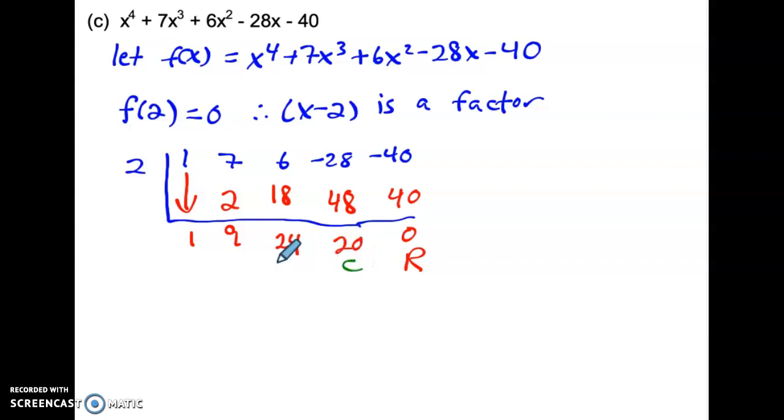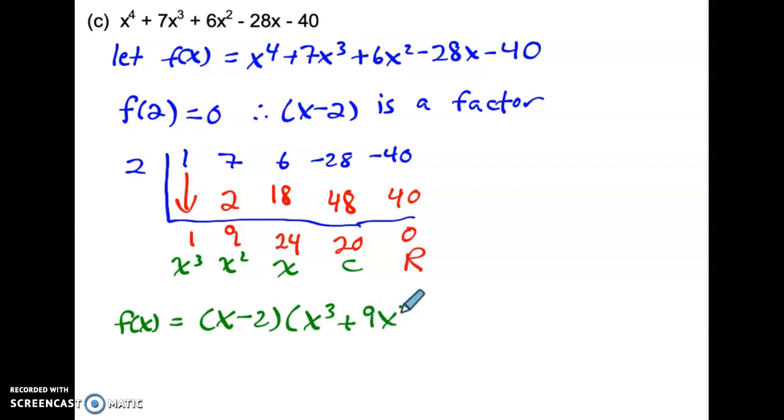I have a constant term of 20, an x term with a coefficient of 24, an x squared term with a coefficient of 9, and an x cubed term with a coefficient of 1. So I can now write out my f at x as my divisor, x minus 2, times x cubed plus 9x squared plus 24x plus 20.